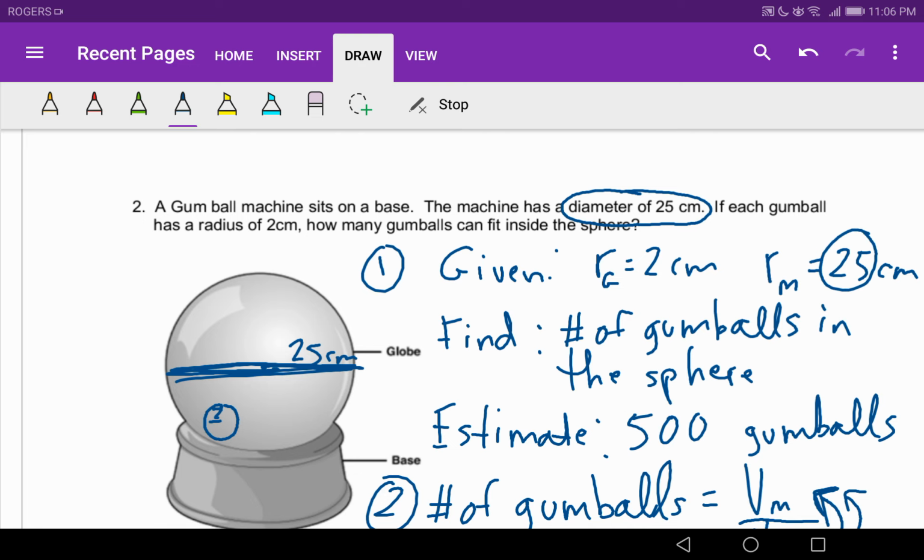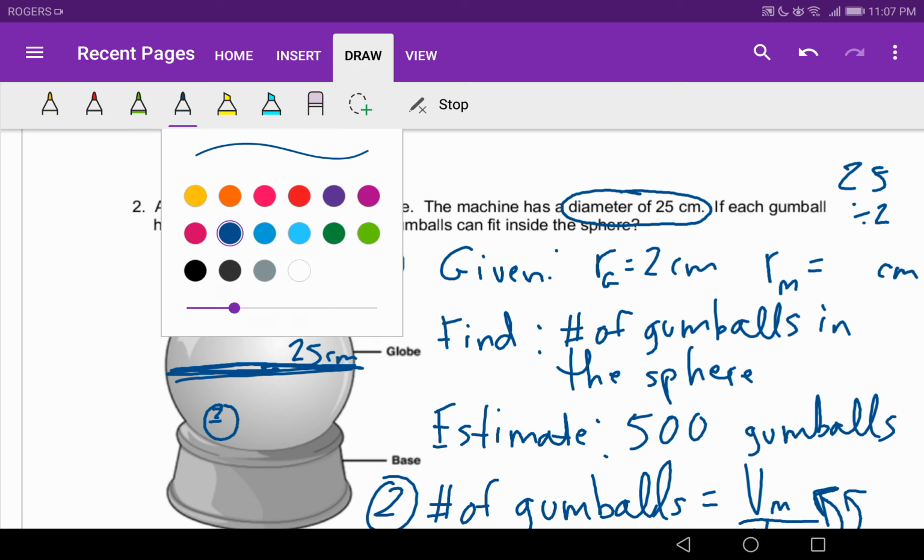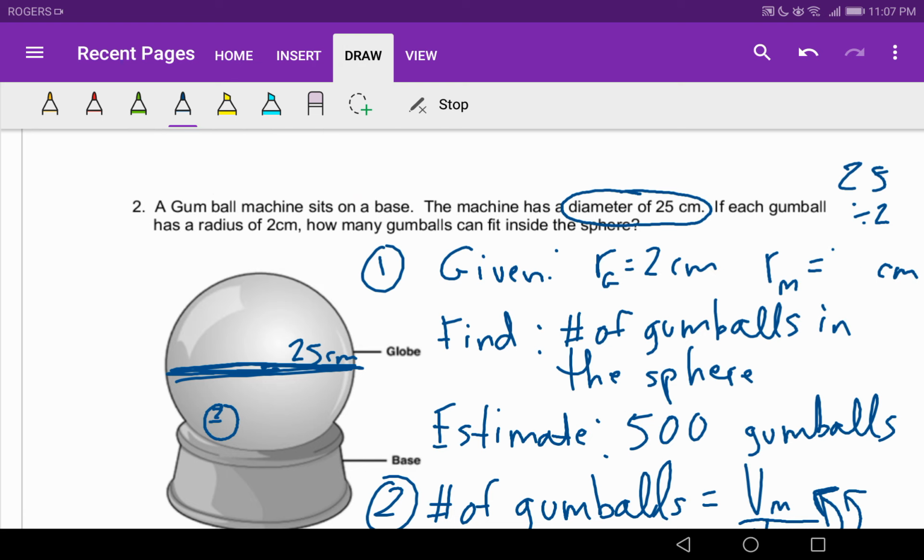It's actually 25 divided by 2 because the radius is half the size. So my radius is actually, let me just erase, 12.5. That's my radius. Okay, be careful there. You can see how easily you can make that mistake. Read the question slowly.